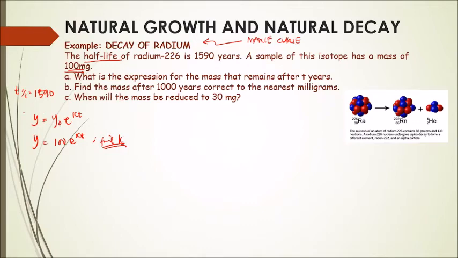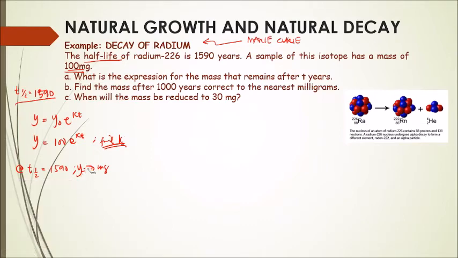We know that the half-life of radium-226 is 1,590 years, meaning after 1,590 years, the 100 becomes 50 milligrams.